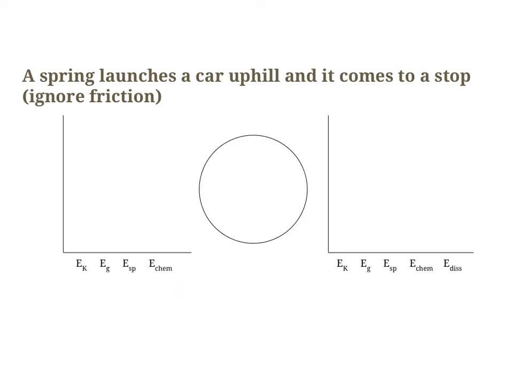So as an example, I have all of the spring energy in my system, and once the car has been launched, the spring no longer has energy. So where did the spring put its energy? Well, the spring transferred its energy to the car.